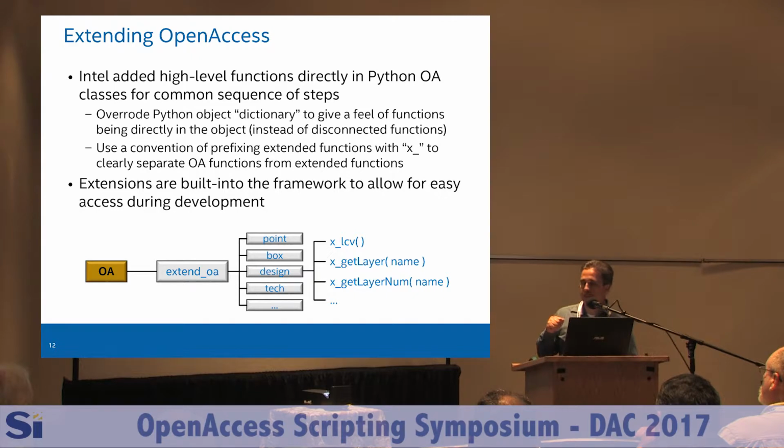We added this little X in front of it, because we didn't want people to become dependent on it and not know if they were using the actual OA API or this extension, so we added the prefix to keep them separate.